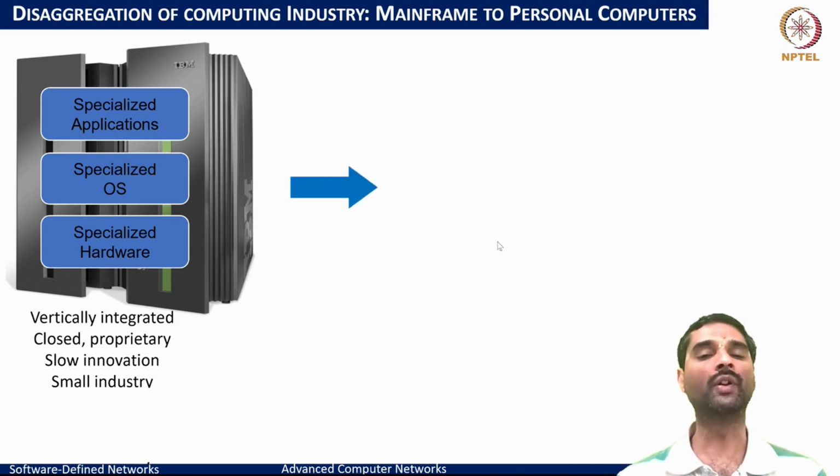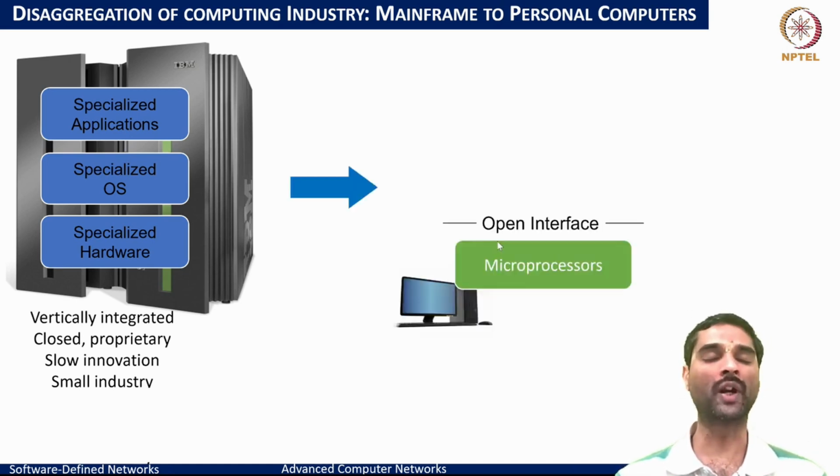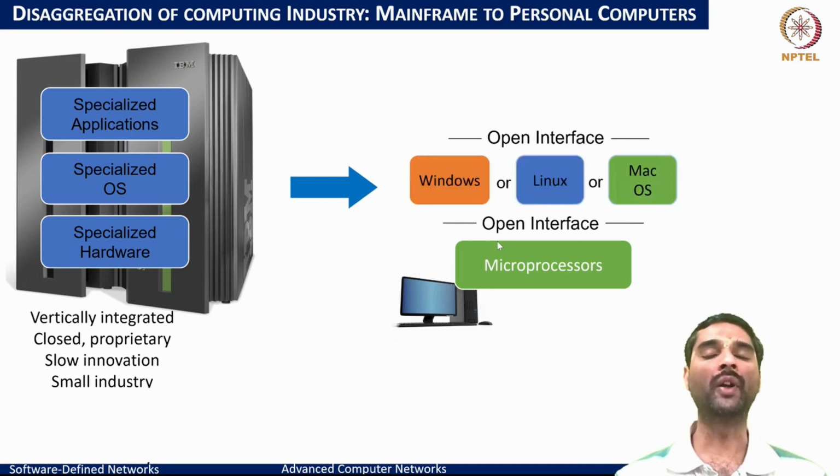the processor industry developed and we started with the era of microprocessors, which defined open interfaces in terms of instruction sets like x86 as an ISA, which could be used to build multiple operating systems that would work on top of these processors, like Windows, Linux, Mac OS, any of those.